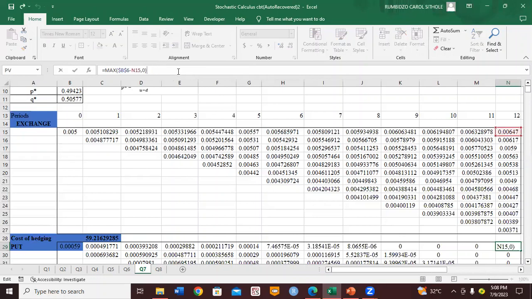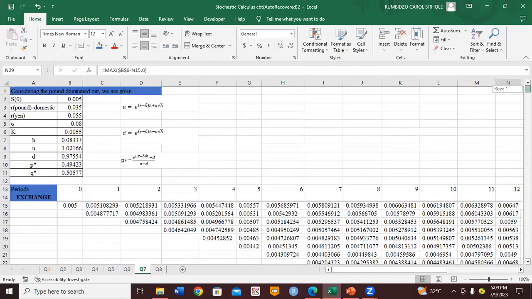So you see it will use a maximum of the strike price, which is the one that we were given there, minus our N15, which is this one, the exchange rate at period 12. So it chooses the maximum. If it's negative, it will be 0. So you click here, you double click here so that it calculates all the way down for period 12.